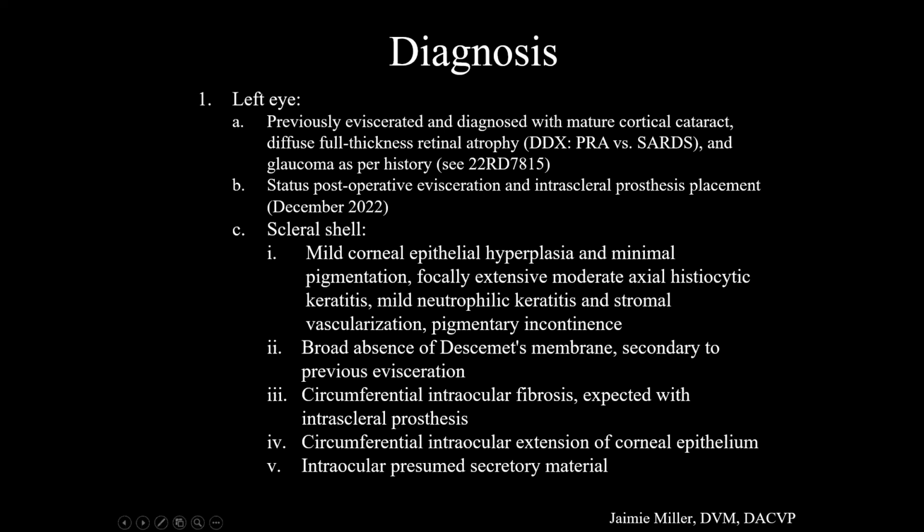And then most of this is what's expected from an evisceration surgery, with an absent Descemet's membrane for the most part, and that intraocular fibrosis, and then having that intraocular extension of that corneal epithelium, which shouldn't really be there. And that material is either secretory or keratin material that was filling the globe. So just an interesting back-to-back progression of cases.